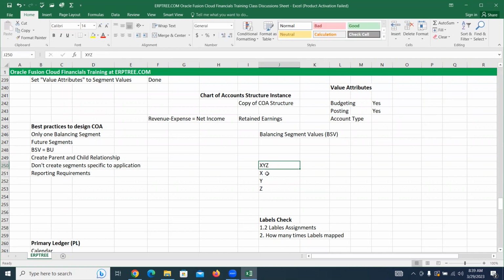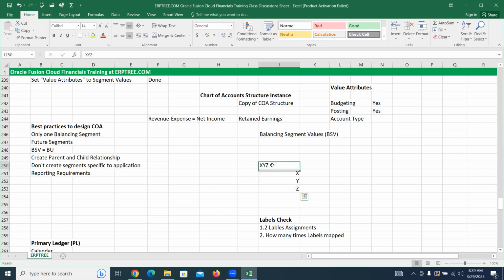So this is your corporate entity. These are the subsidiaries. Now, if you will be recording the transactions with these, these are the actual entities where you are doing the business. These three you create as three balancing segment values, company values.